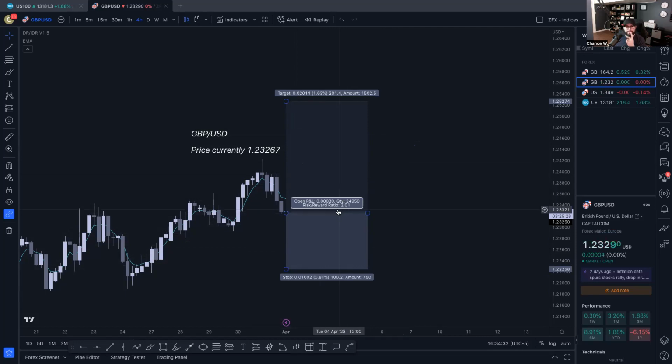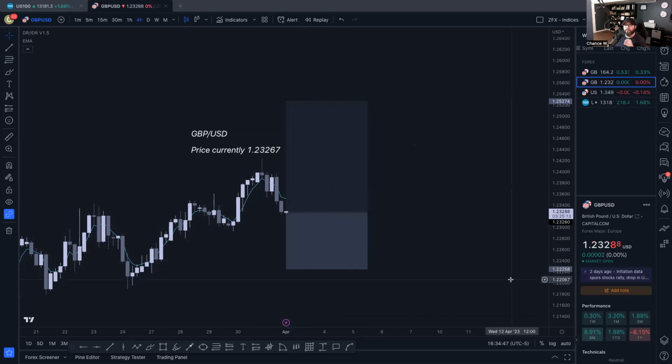Okay. Let's see. If price goes down and touches this level right here, so the predetermined level is 1.22258, we are going to lose the $10. But if price hits our take profit, which is 1.25274, then we are going to make $20, right?